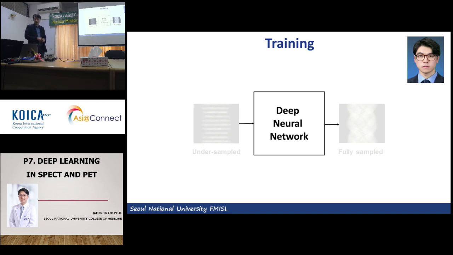I would say this is a super resolution technique, or a deep learning based interpolation technique. We just interpolate the data in the angular direction, from the undersampled data to the fully sampled.